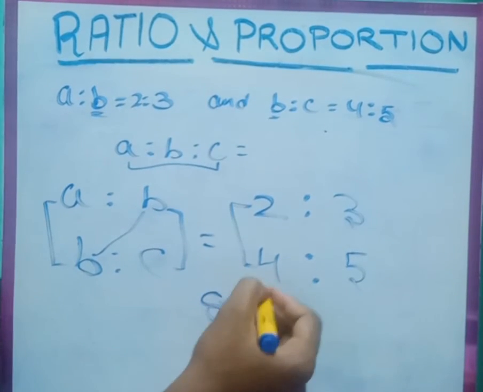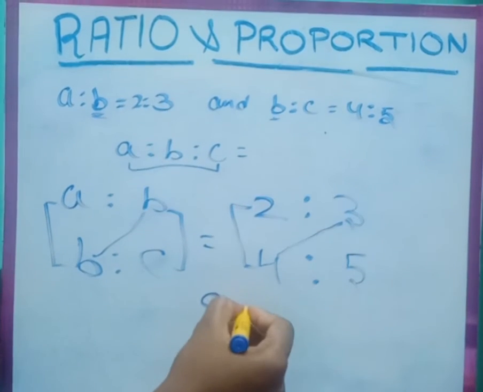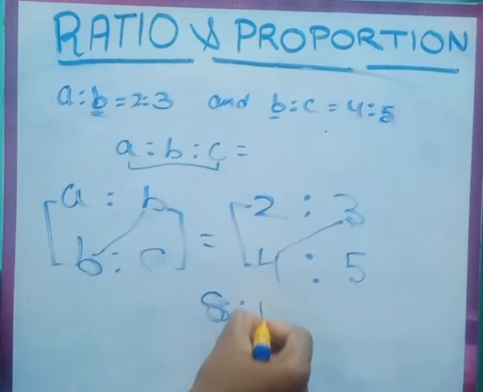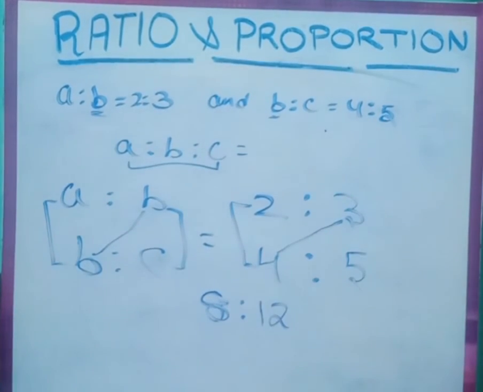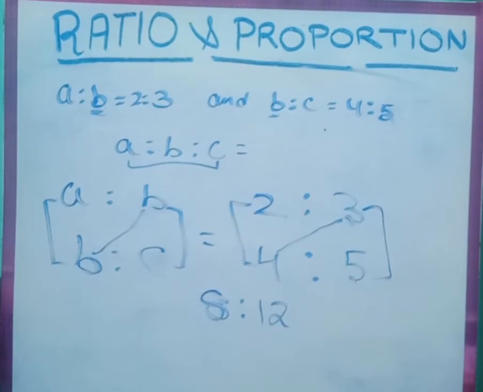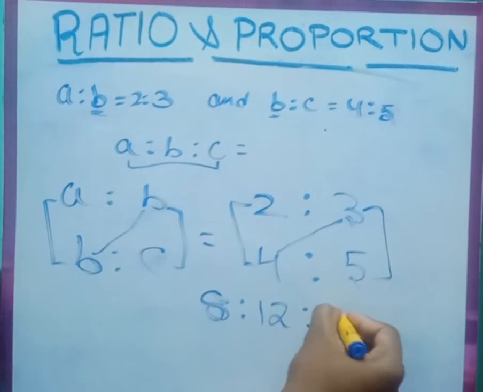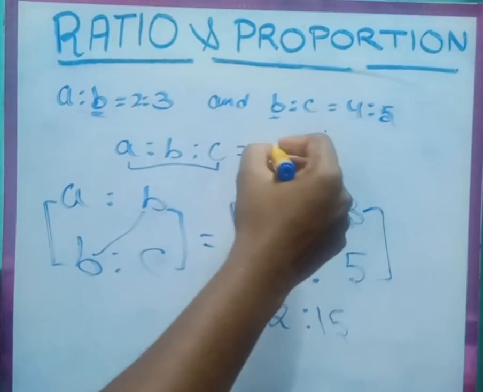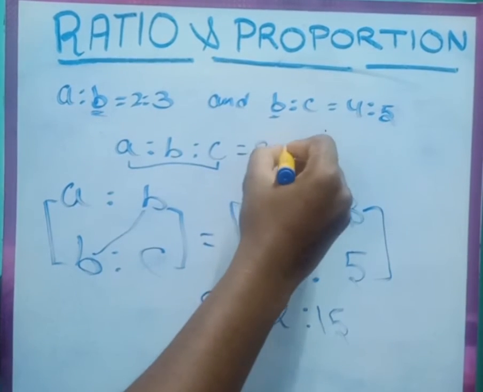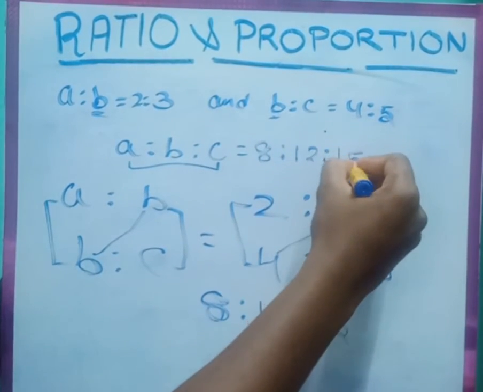Now multiply B and B, cross: 4 3s are 12. Now multiply B and C, that is 3 and 5, that is 15. That's it guys. Got the value? So our answer is 8 is to 12 is to 15, right guys?